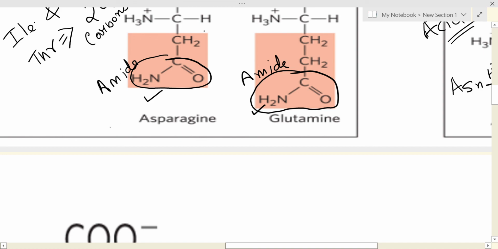Then asparagine, we have ASN as the 3-letter code, and for glutamine we have GLN as the 3-letter code, and for glutamine the single letter code is Q. And for asparagine it is, no, not G. Okay, I'm not remembering the single letter code for now.